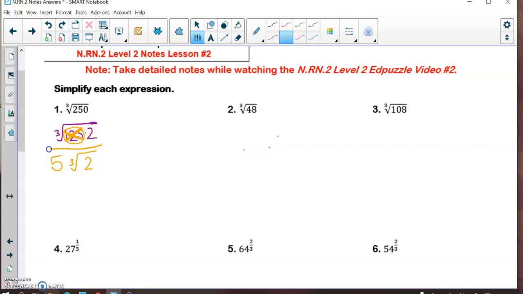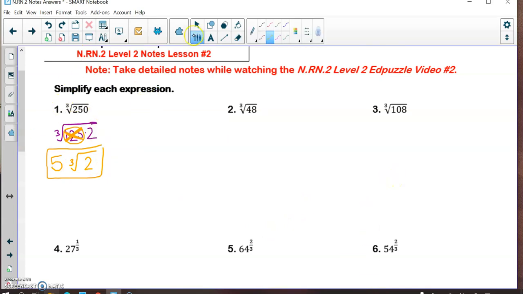And notice I did write my index of 3. You do have to write the index of 3 because if you just wrote this, then that would mean the square root of 2 because when you don't have an index, it's just automatically square root. So 5 cube root of 2 is equivalent to the cube root of 250.